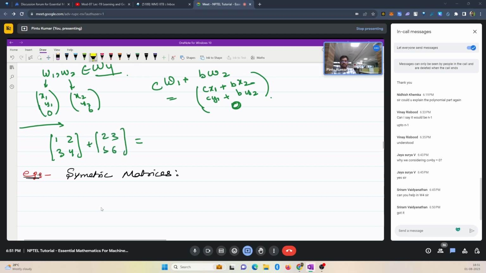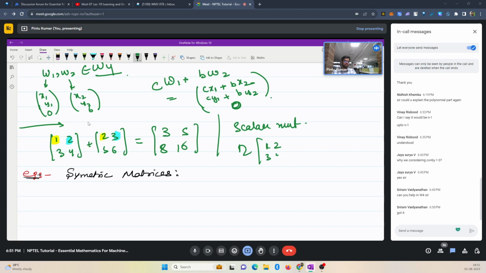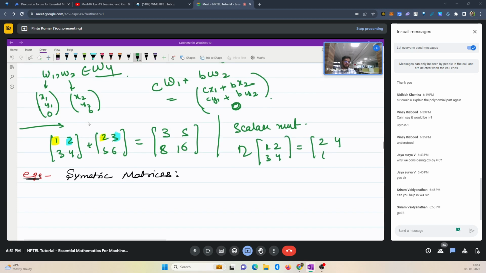You add the first element to the first element, the second element to the second element. This is how we do matrix addition, so this is 3, 5, 8, 10. And how do you do scalar multiplication for a matrix? Let's say I multiply 2 with the matrix 1, 2, 3, 4. This would be 2, 4, 6, 8, right?